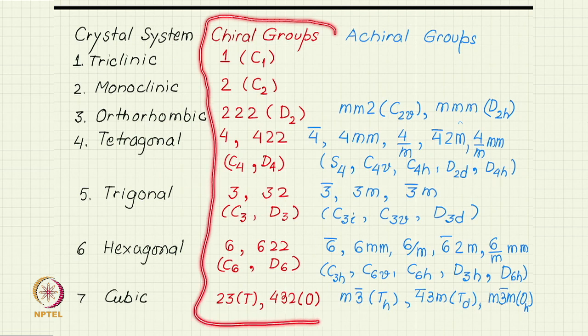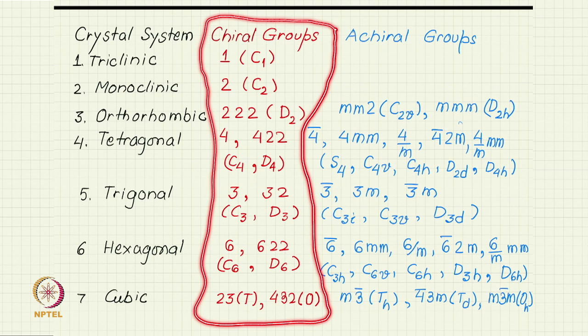Here I have shown you divided by crystal system. The 5 monoaxial groups 1, 2, 3, 4 and 6, and 4 dihedral groups 2 2 2, 4 2 2, 3 2 and 6 2 2, and 2 cubic groups 2 3 and 4 3 2.